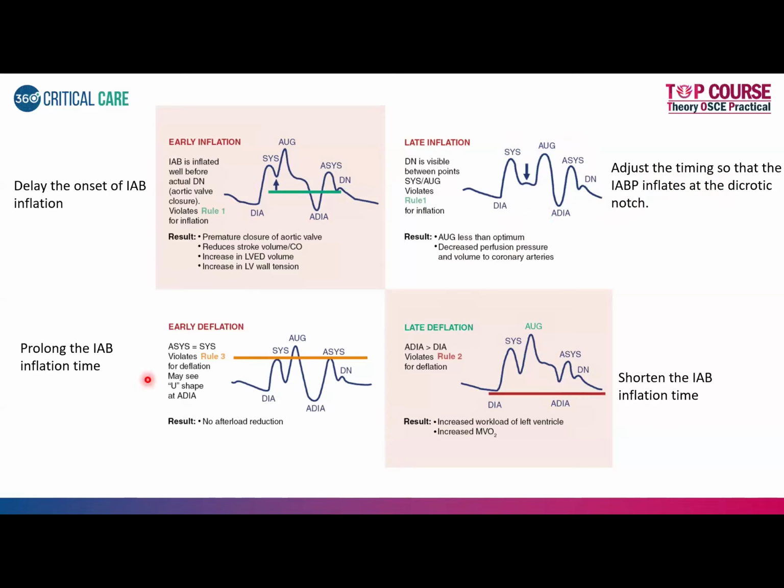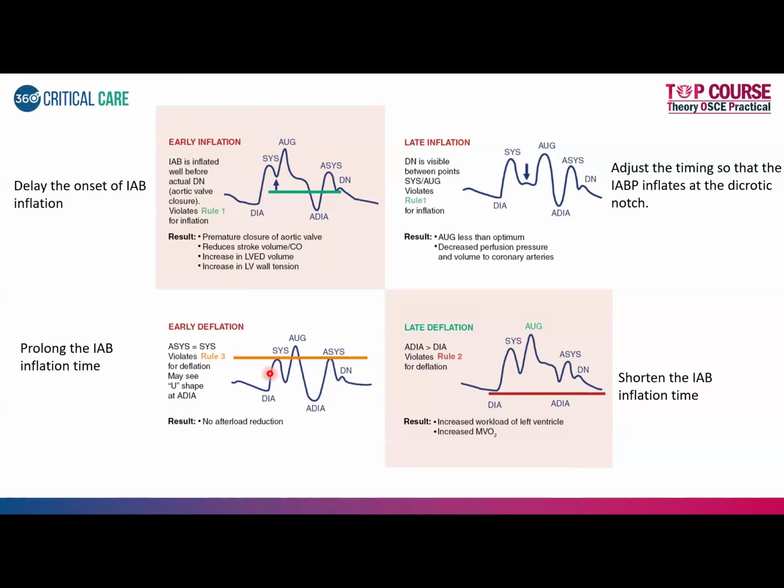Early deflation: what is happening is there is no afterload reduction, and the assisted systole peak is the same as that of the unassisted systole. Ideally it should be less, right? It should be lower down, but it comes at the same level as the systole.